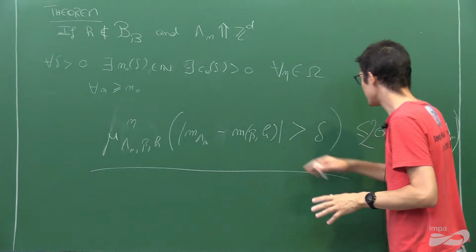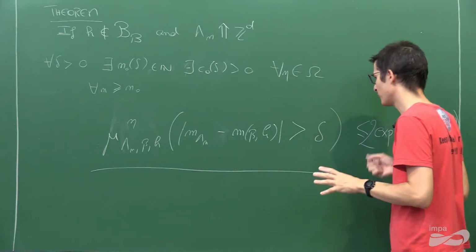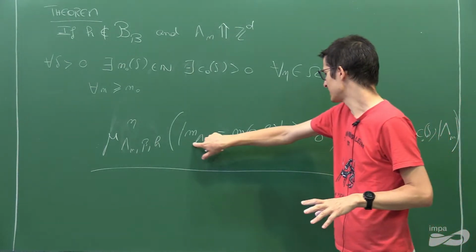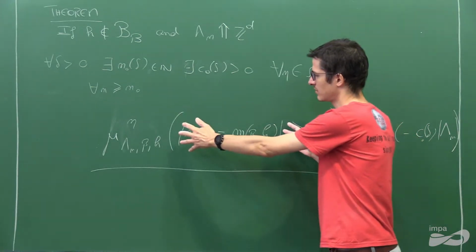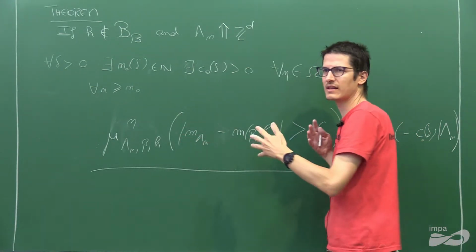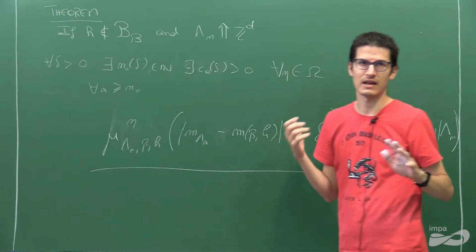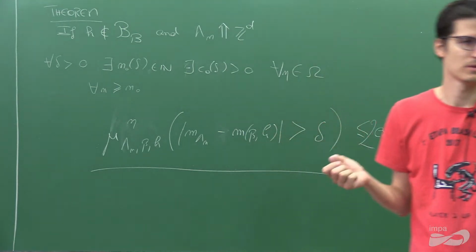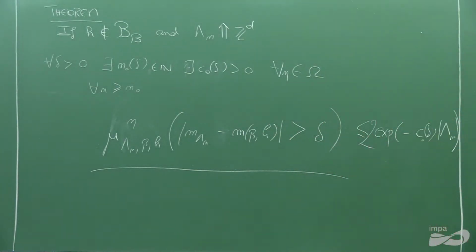So basically, we can just show this inequality separately for the probability that this, without absolute value, is larger than delta, and that this is smaller than minus delta. If we show that both probabilities decay exponentially, we are fine.